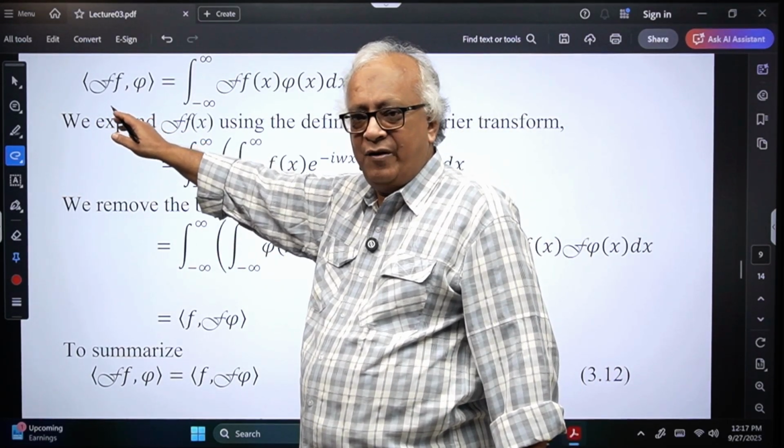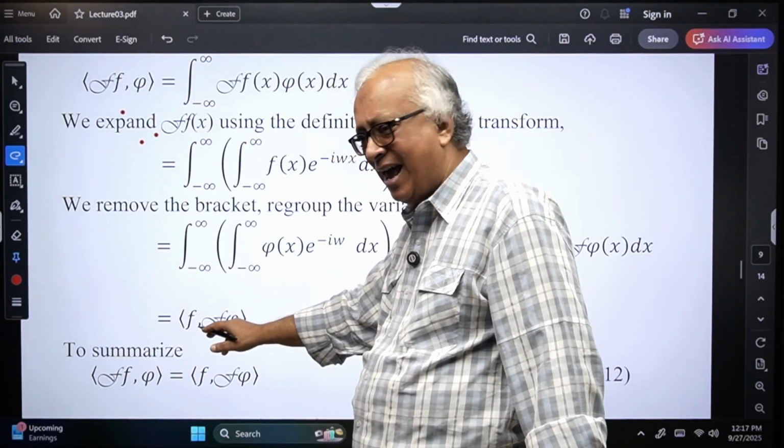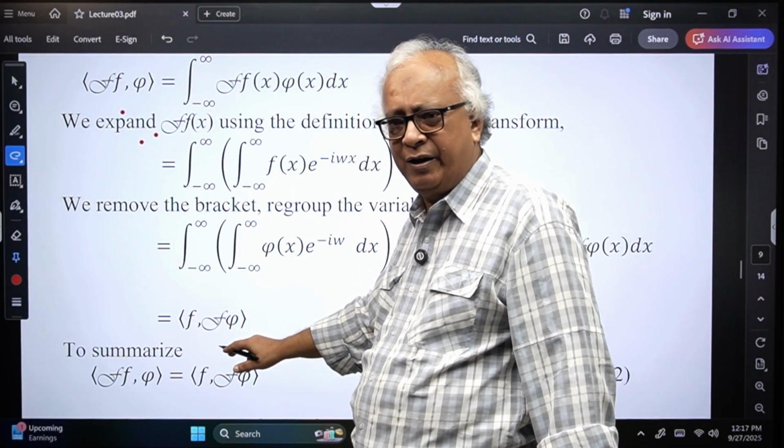Fourier transform of f paired with phi ends up as f paired with Fourier transform of phi.